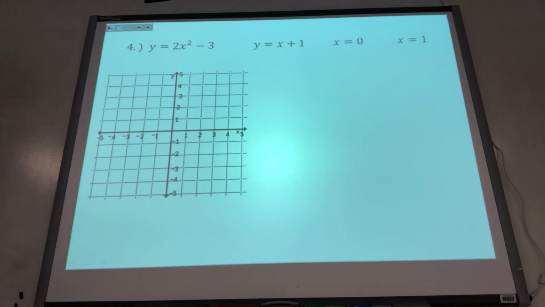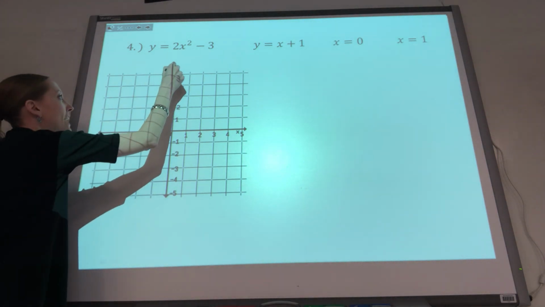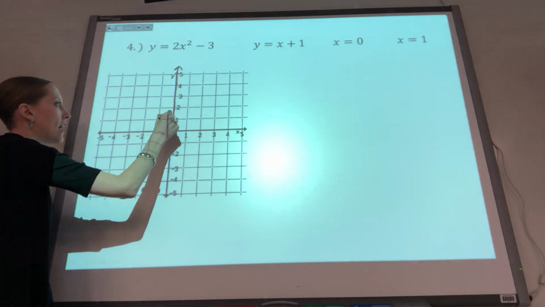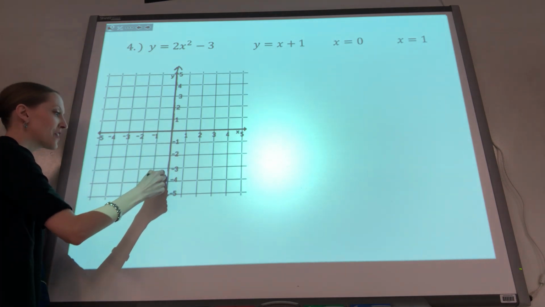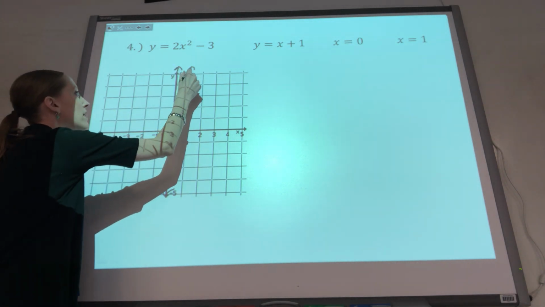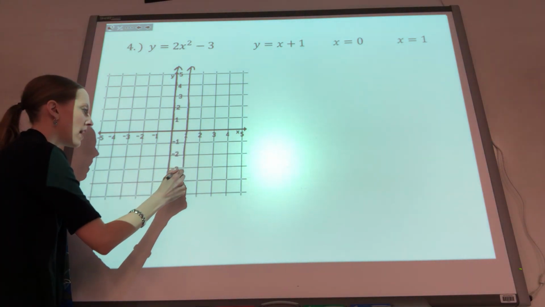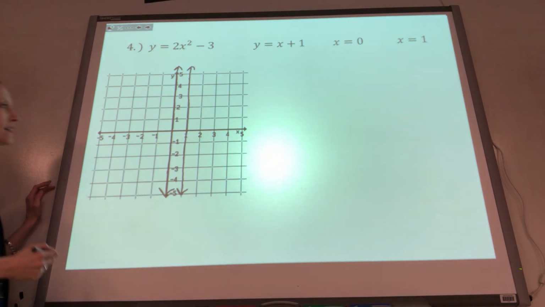I'm going to graph the easy functions first. X equals 0. That should just be a vertical line at 0. You can't see that very well, but there it is. And then x equals 1. That is another vertical line, but all the way over at 1.